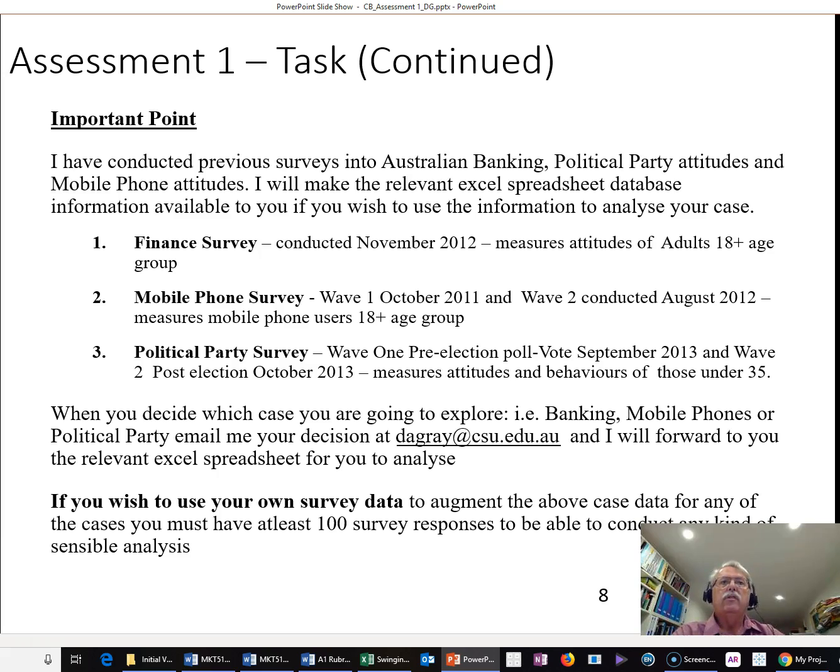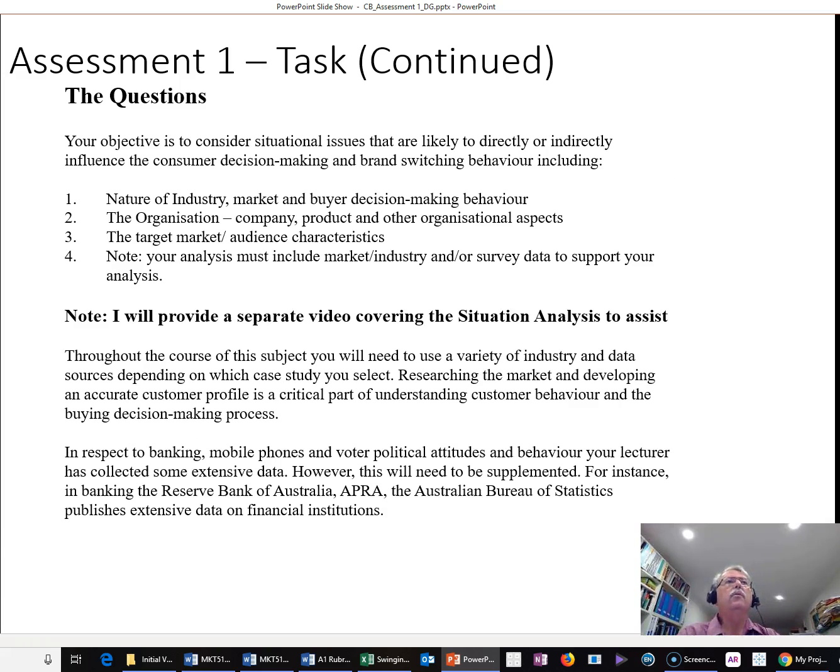If you want to use your own survey data to augment the above case studies, because they're a few years old, you need to have at least 100 survey responses to be able to conduct any kind of sensible analysis. So the questions.